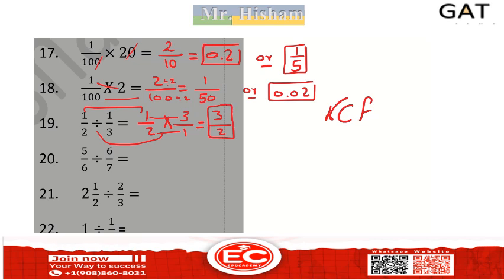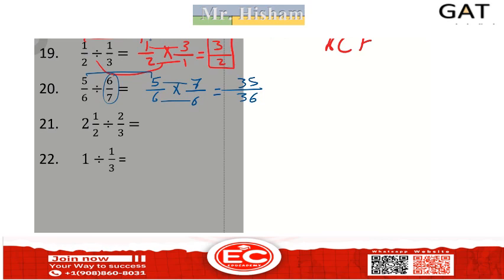Number 20. I keep 5 over 6. I change the division to multiplication. I flip that. There is nothing to simplify. So 5 times 7 is 35. 6 times 6 is 36. So it's 35 over 36.